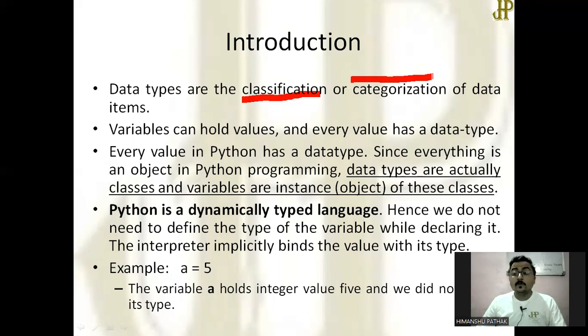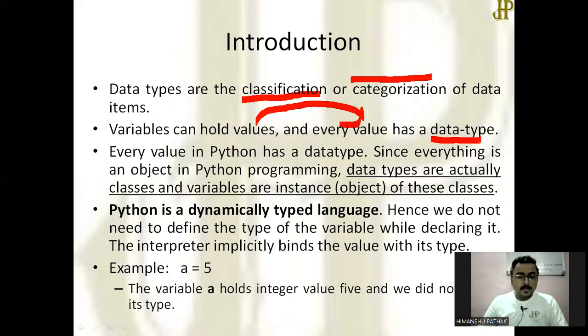Data can be a mix of characters and numbers. So variables can hold values, and that value has a data type. Clear?